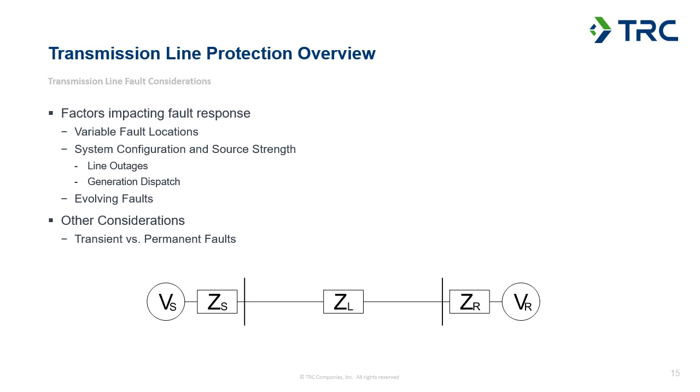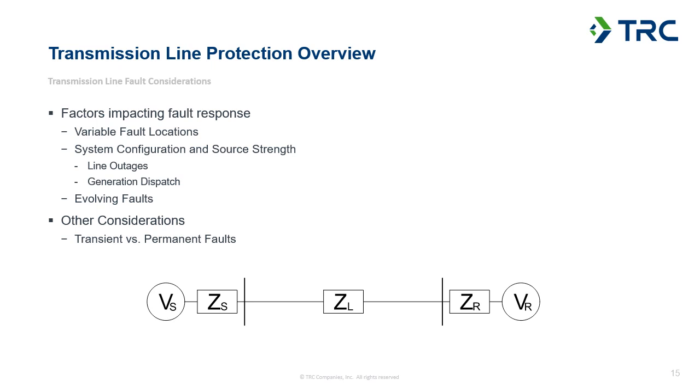So we need to think of all that, and one of the challenges is that there's not really an electrical quantity that tells us if it's a permanent or transient fault. So we rely on systems like automatic reclosing that will close the line back in after a fault to try to re-energize it automatically, and if it fails to do so and trips off again, we lock out the line and send a crew out to investigate what's going on before trying to re-energize again.